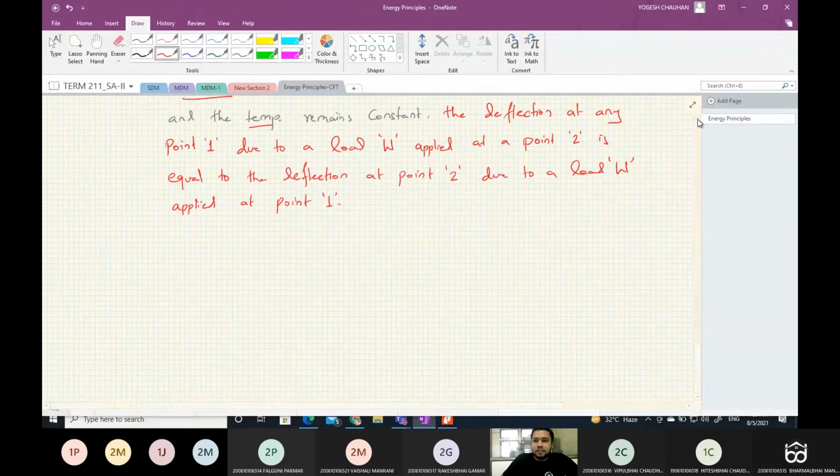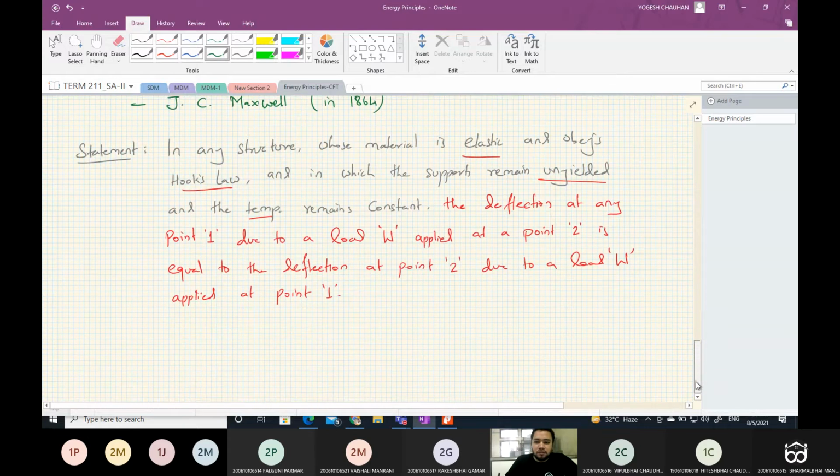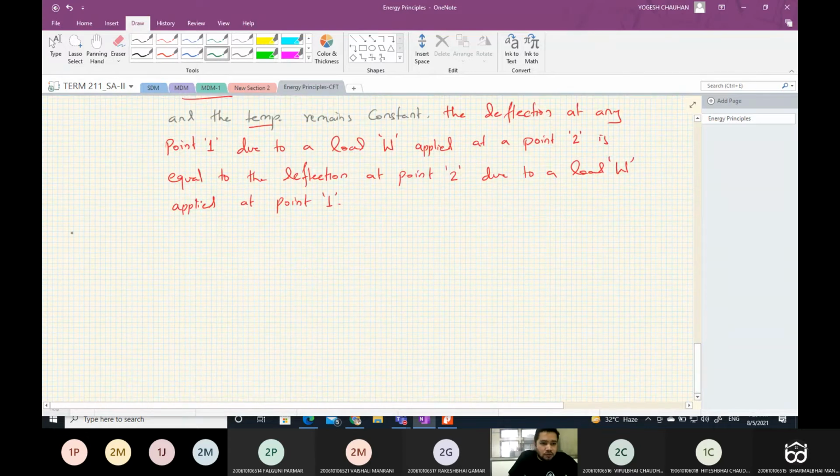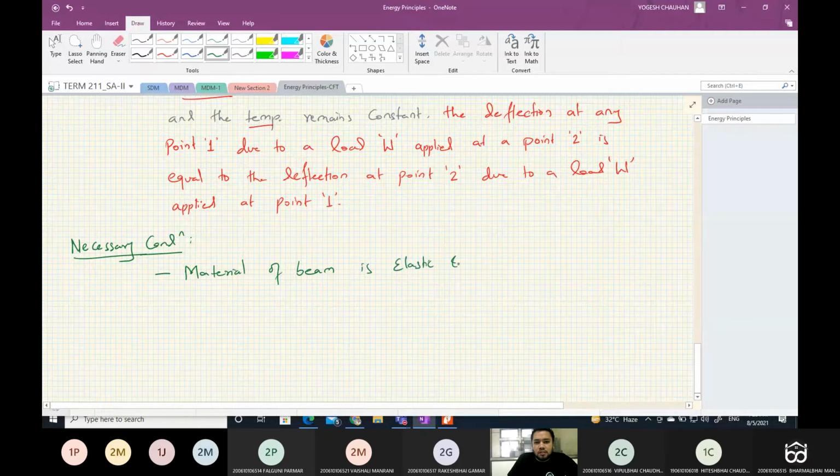So the necessary conditions for the application of this theorem are: number 1, the material of the beam is elastic and obeys Hooke's law.